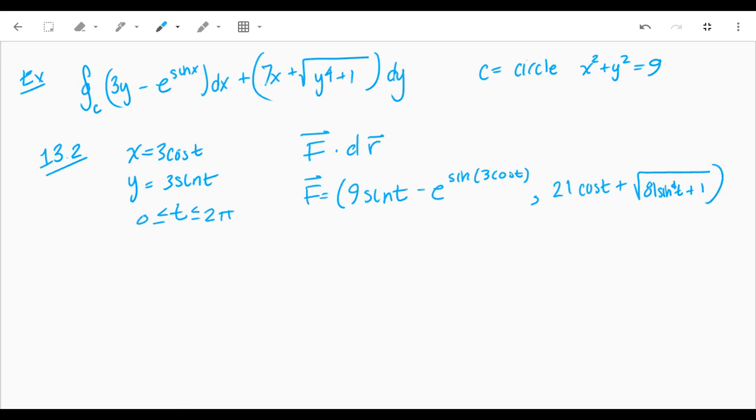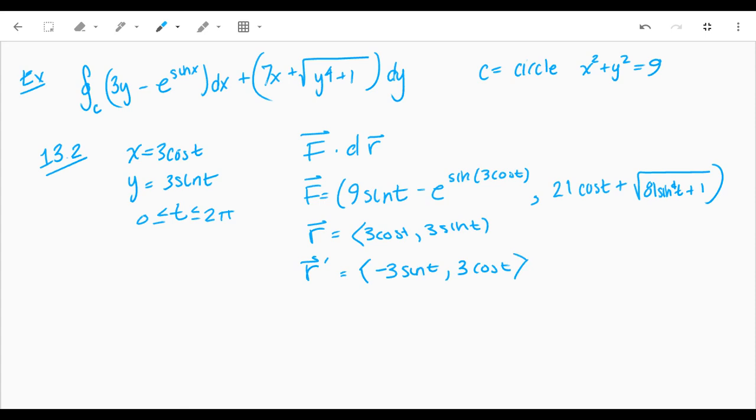Okay, and then since r is 3 cosine t, 3 sine t, r prime would equal negative 3 sine t, 3 cosine t, dt.